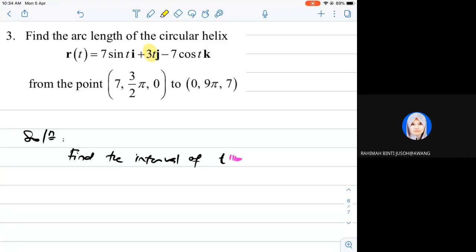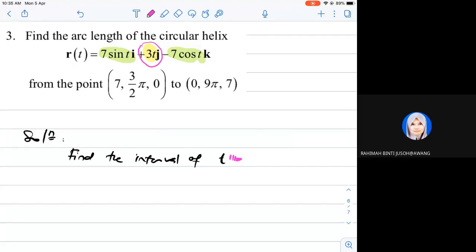You boleh juga guna 7 sin t, negative 7 cos t ni, sama je. Tapi dia akan ada more than one possible answer. Sometimes student got confused. So that's why I would like to suggest my student to choose polynomial, lebih mudah. Dia lebih tepat lah. Sebab kalau you pakai trigo ni dia ada kebarangkalian nilai yang banyak untuk dapat titik yang sama. So lebih selamat guna polynomial function.